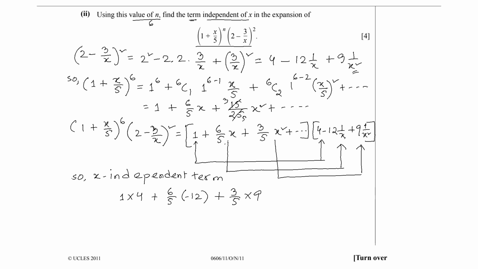This is our x independent term, so we just need to do the calculation. In the next line we can write 4 minus 72 by 5 plus 27 by 5, which will be equal to minus 25 over 5. 25 divided by 5 is 5. So finally we get our x independent term, which is minus 5.